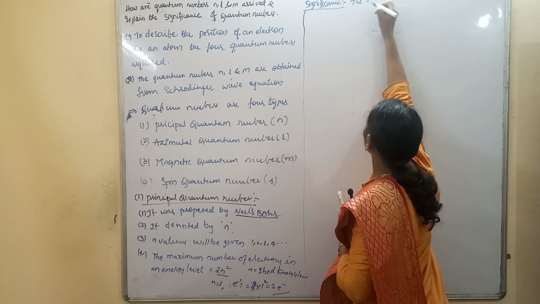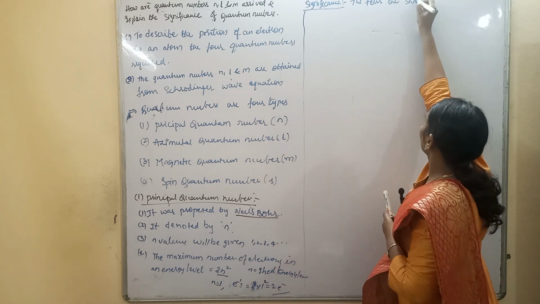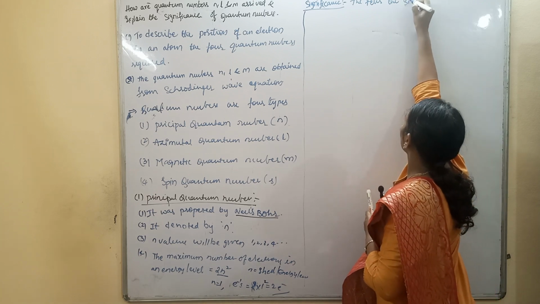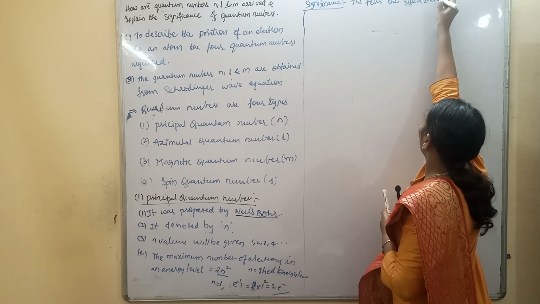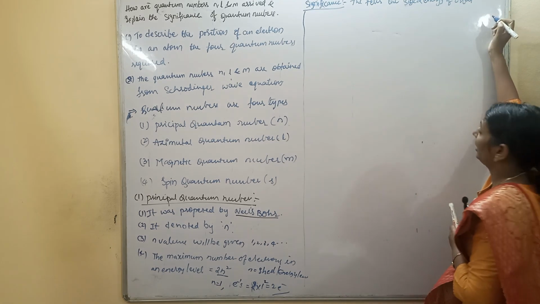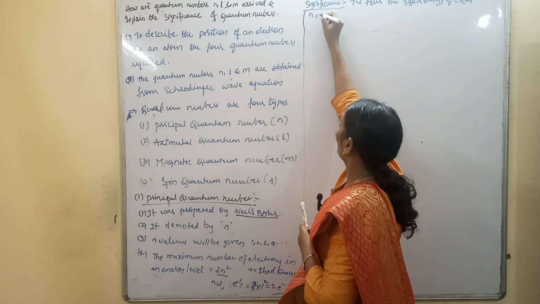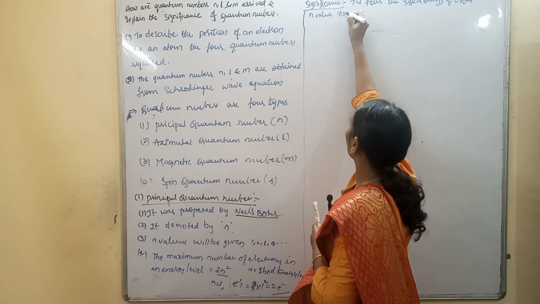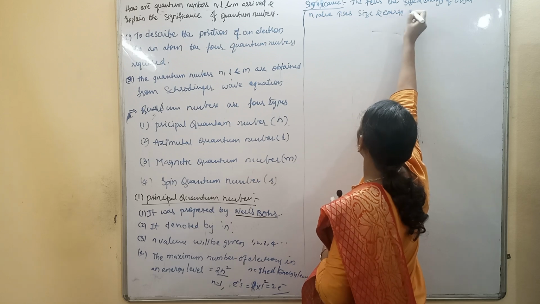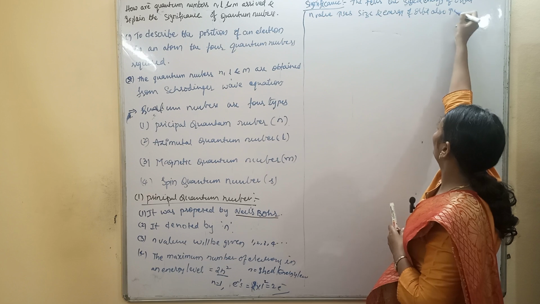It tells the size and energy of the orbit. As the n value increases, the size and energy of the orbit also increase.